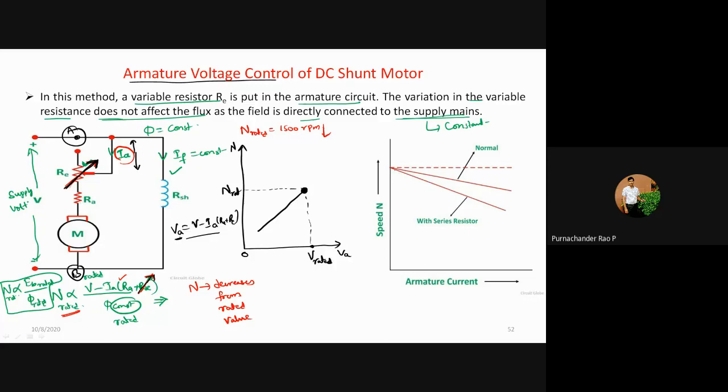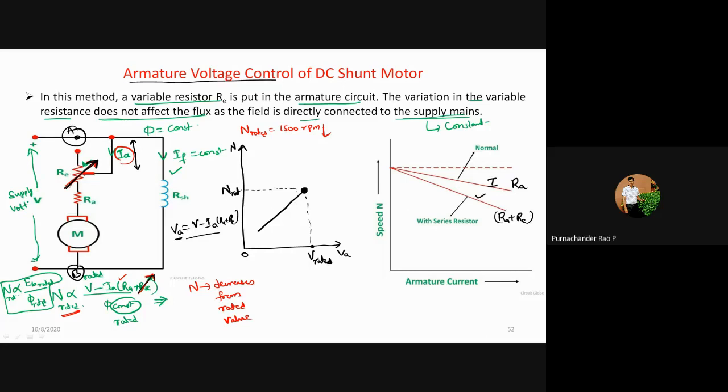So here, this is the first line. Line 1 is the normal line for only the armature resistance RA. As your external resistance is added, this is RA plus RE. Because of the resistance, your speed gets reduced as compared to the normal case.